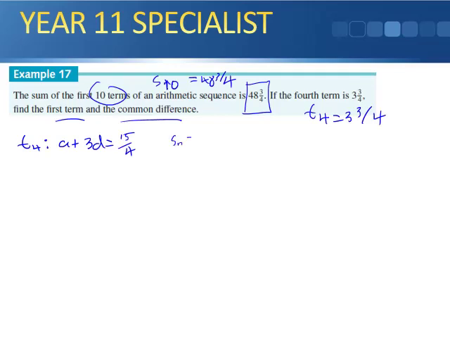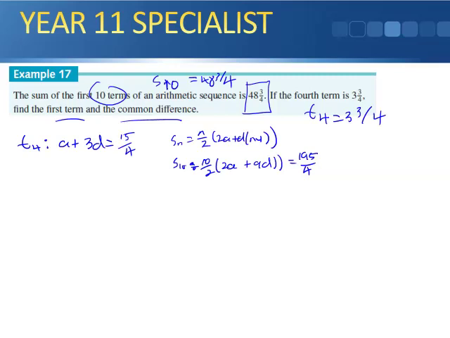So we got S of n equals n over 2, (2a plus d(n minus 1)). We've got S of 10, so we've got 10 divided by 2, 2 times a plus 9d, and that will equal 48 3/4, which is 195 over 4.